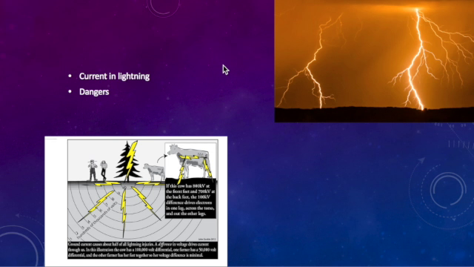This continuing current is caused because charge flows continuously over a longer period of time through the lightning channel. It's basically the longer the flash, the longer the current.